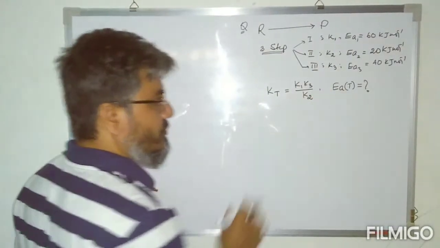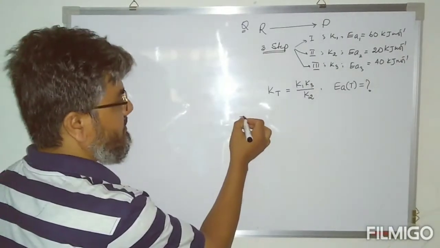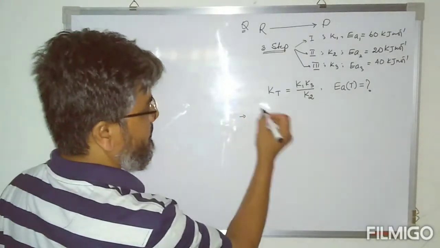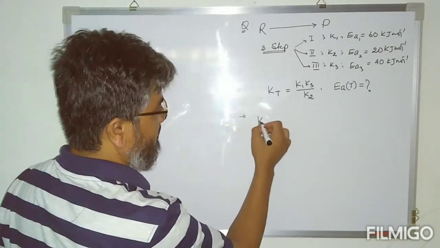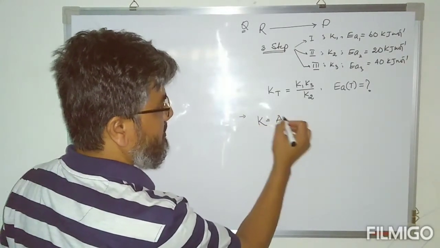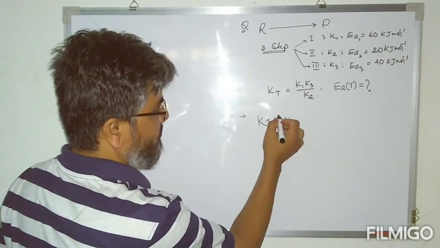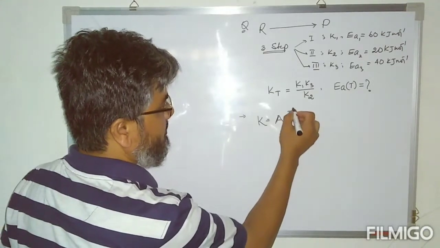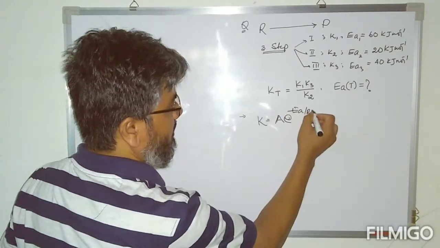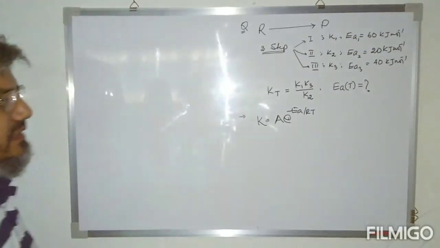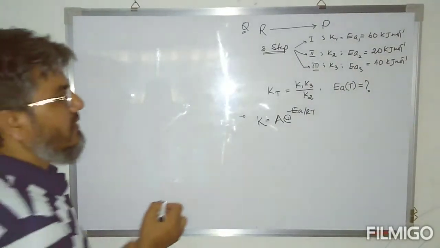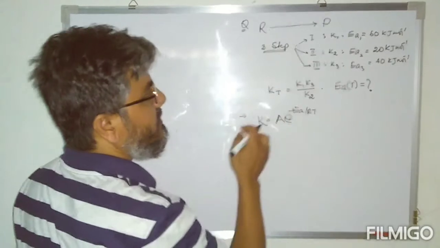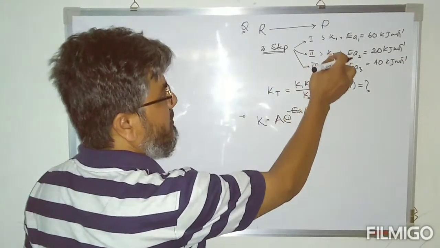Now we have to use the Arrhenius equation. The Arrhenius equation says K is equal to the exponential factor A into exponential minus EA by RT. So we have these 3 different steps, K1, K2, K3.